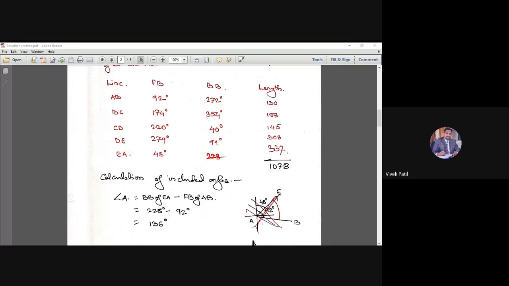Vinay, what is the answer? Angle D. 239, sir. Tell me the formula, how you calculated.